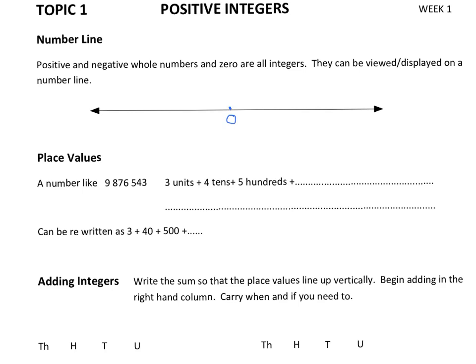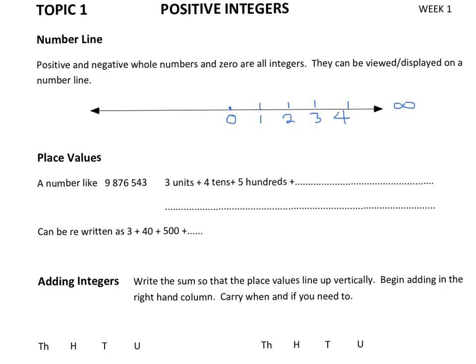On the right hand side of 0 I'm going up in gradations of 1 unit, so 1, 2, 3, 4, and it goes off to the right because you can see the arrow on the line to infinity.